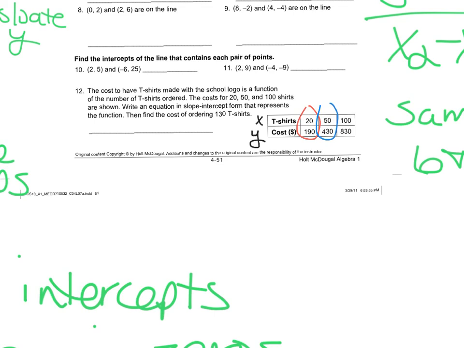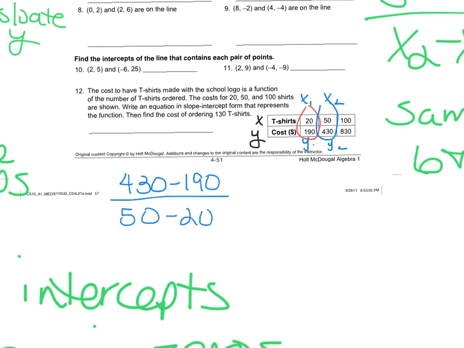So here, these are going to be x1, x2. This will be y1, y2. So I'm going to do 430 minus 190 over 50 minus 20.